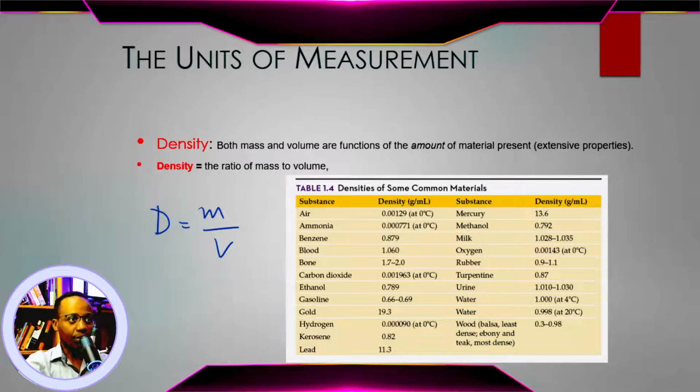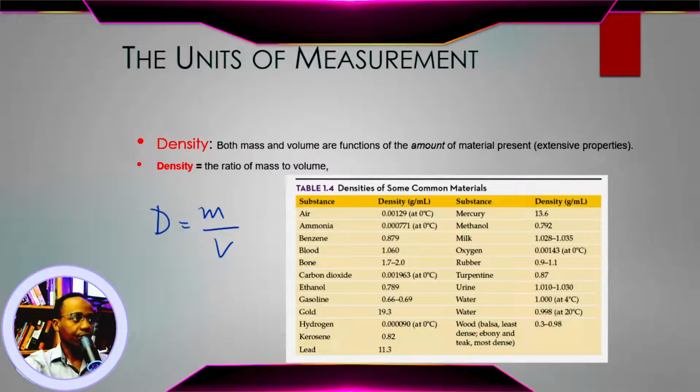So as you would imagine, things that are heavy, like metals and rocks, will have a higher density, and things that are light will have a very low density because it's the mass over volume. It's the mass that something occupies per volume.